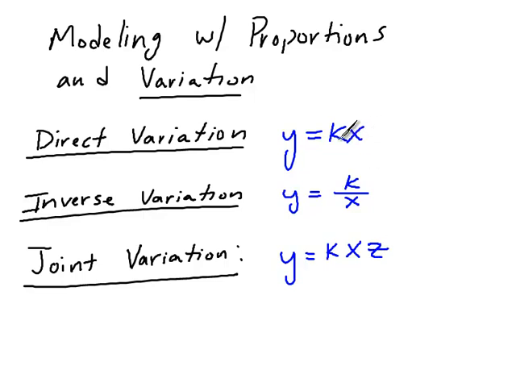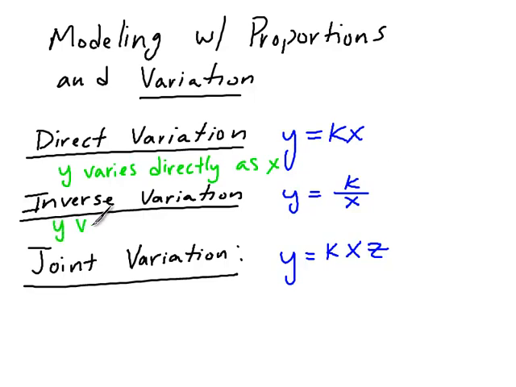So again, this first one says y varies directly as x, and that would give you y equals kx.